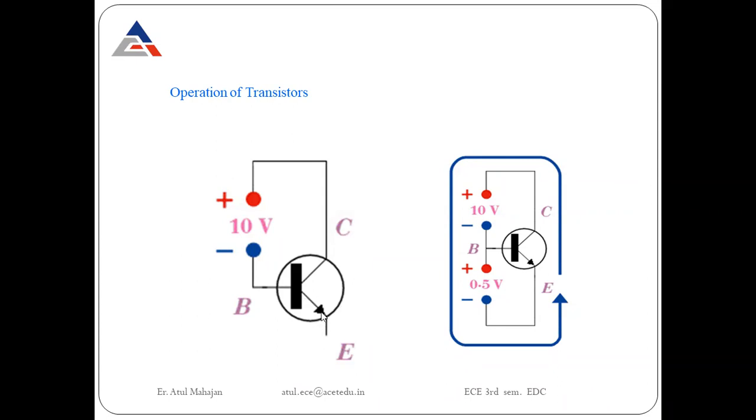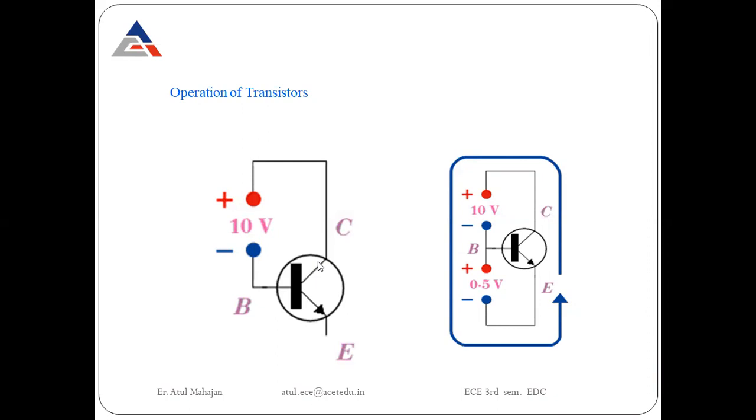The flow of emitter current is shown outward, but in actuality it is from the emitter to the base and then from the base to the collector. So the actual flow of current is opposite, but the conventional flow of current is always from the positive towards the negative terminal. So it is termed conventional. It is not the actual flow inside the body of the transistor.